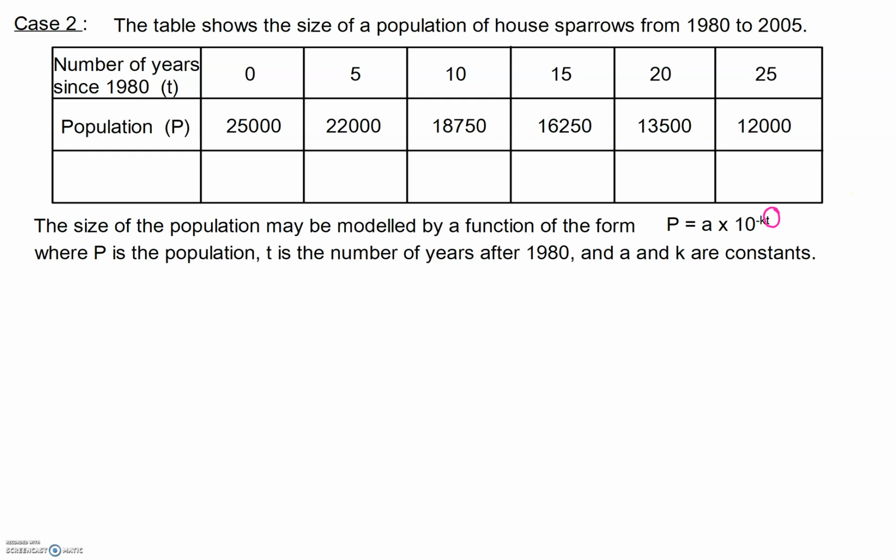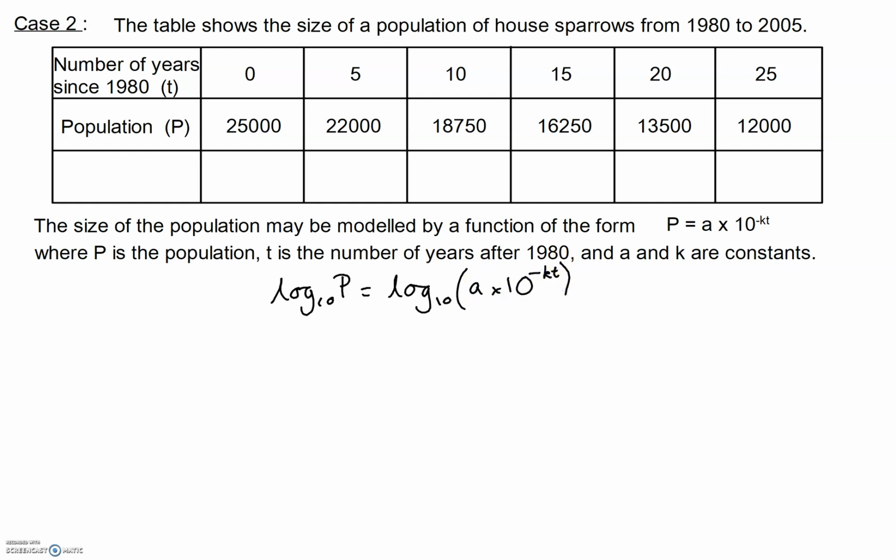So we're going to rearrange our equation using our log rules in the same way as we did in case 1. So I'm going to take log to the base 10 of p on the left hand side and do log to the base 10 on the right hand side of a times 10 to the minus kt.